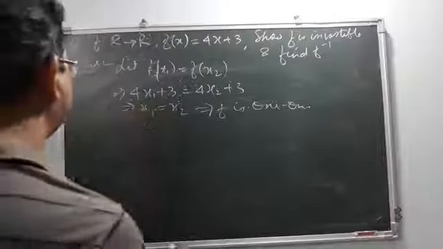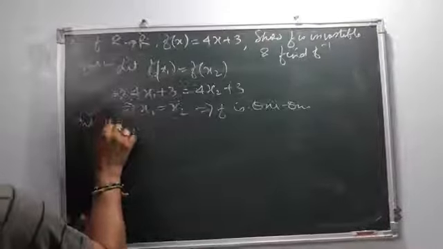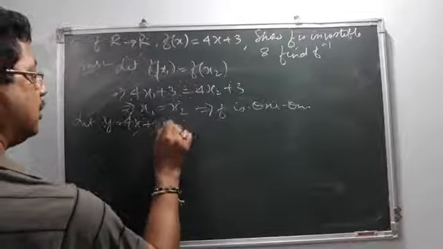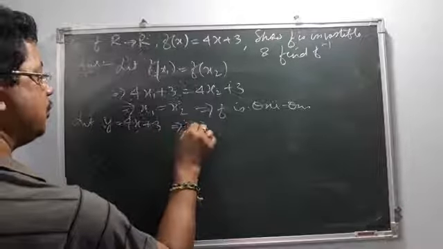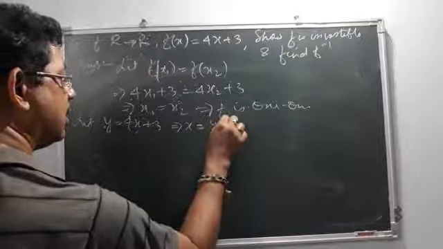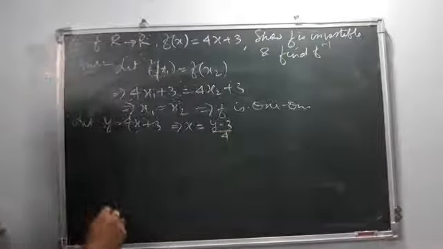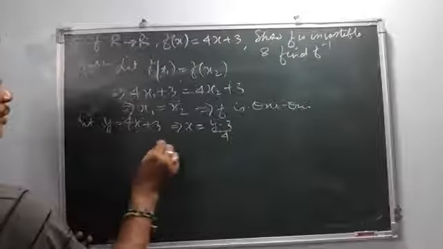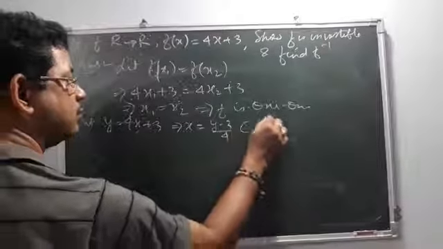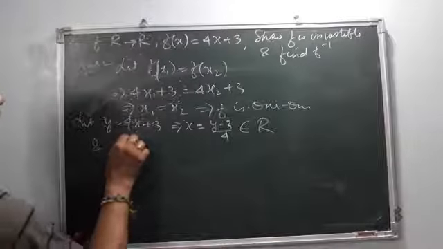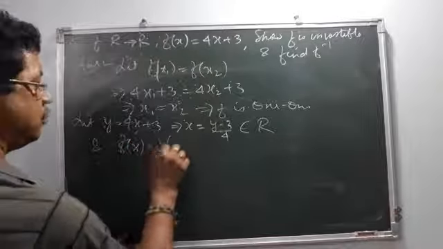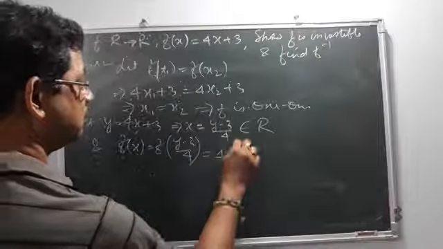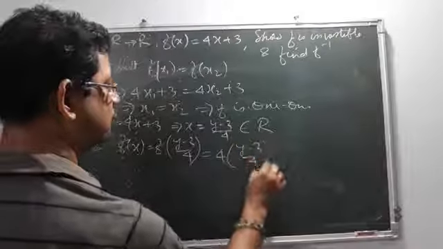Okay, so next, let y is equal to 4x plus 3. Then x will be what? x is equal to (y minus 3) by 4, and this x belongs to R. And f(x), that is f((y minus 3) by 4), is 4 times (y minus 3) by 4 plus 3.